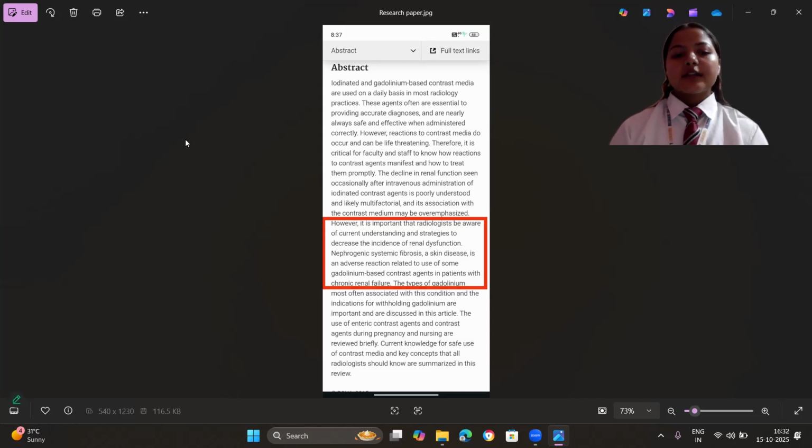The research stresses the importance of knowing which type of gadolinium agent poses a higher risk and when it's necessary to withhold this agent, particularly in patients with poor kidney function, as it is a very essential topic.